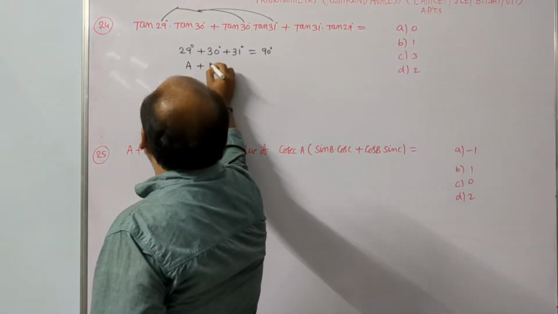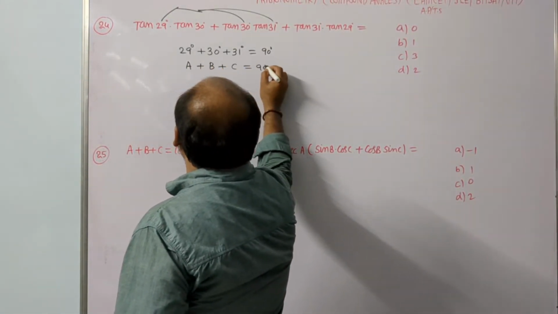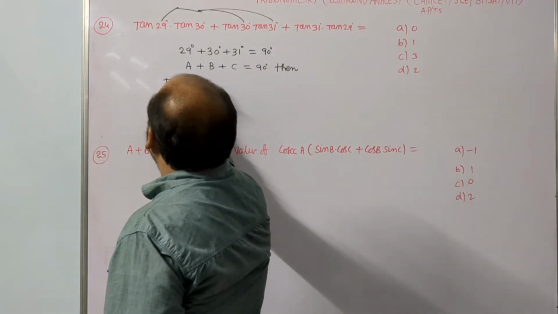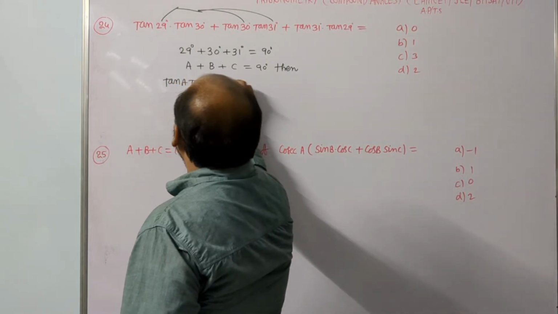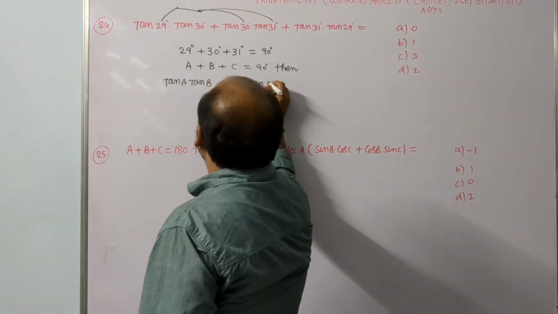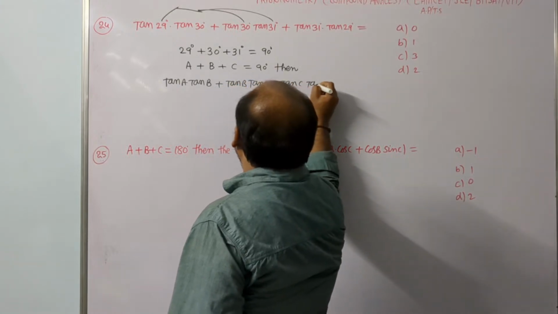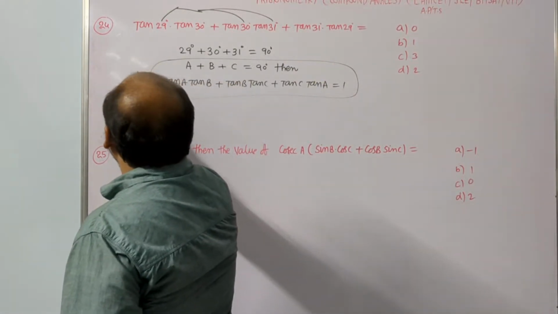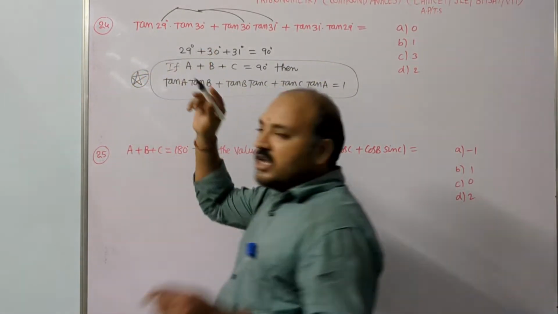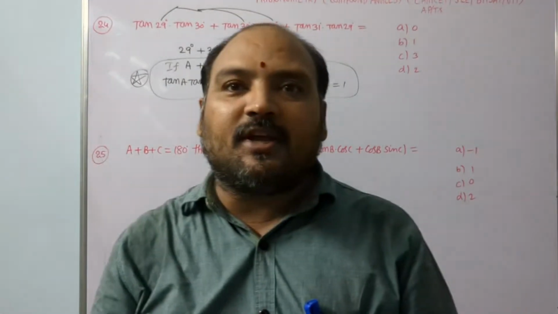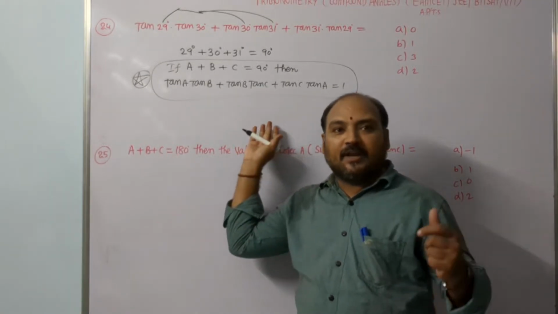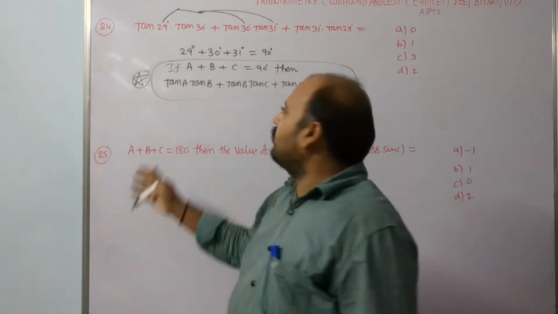Whenever A plus B plus C is equal to 90 degrees, then tan A tan B plus tan B tan C plus tan C tan A is equal to 1. This is the standard result, dear students. Keep in mind this formula. So by using this result, your answer is 1.